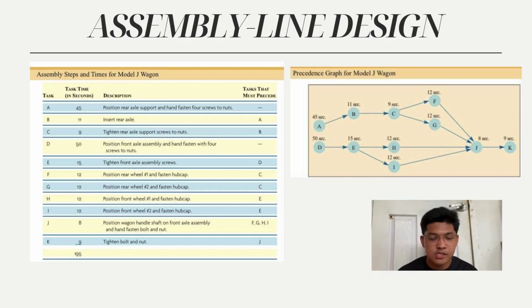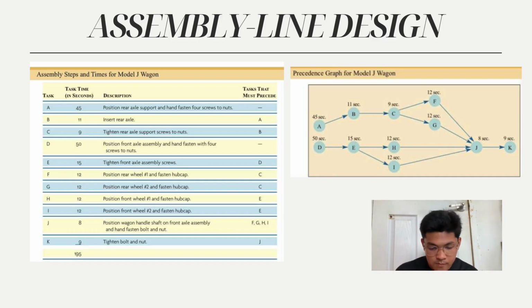In descriptions, A is position rear axle support and hand fasten screws to nuts. B is insert rear axle. C is tighten rear axle support screws to nuts. D is position front axle assembly and hand fasten screws to nuts. E is tighten front axle assembly screws.